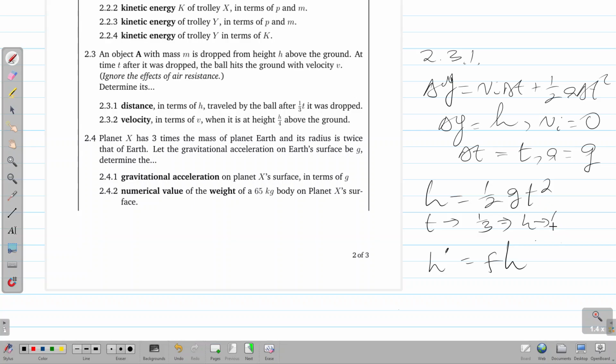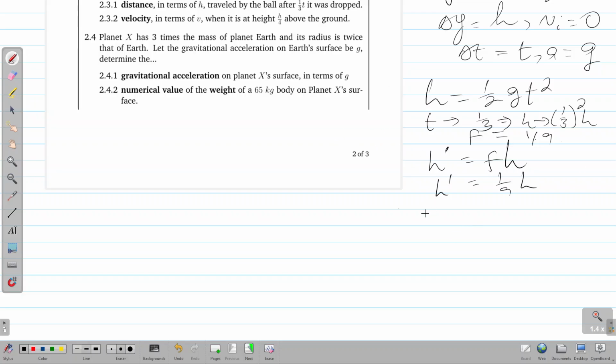So this is going to be a third squared. Okay, so this is our new h. Then our factor is equal to 1 over 3 to the power 2, which is 1 over 9. So our factor is equal to 1 over 9. Therefore h prime is 1 over 9 h.